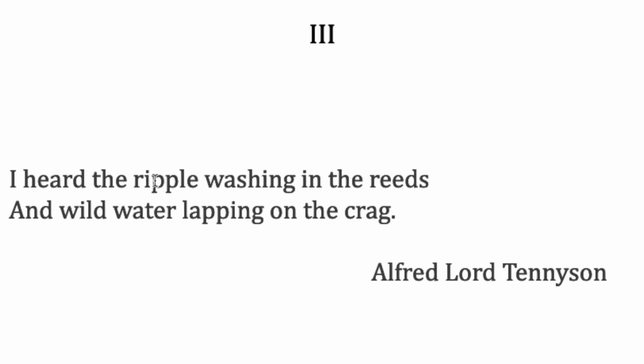Ripple is not exactly the sound made by the reeds or the river water, but it brings information about how rippling happens, because when you throw a small pebble into the water, it makes some kind of structure on the surface of the water. That sound effect is identified by this word, ripple, and similarly lapping. These two bring some sort of sound effect in the piece of writing, and they are called onomatopoeia.